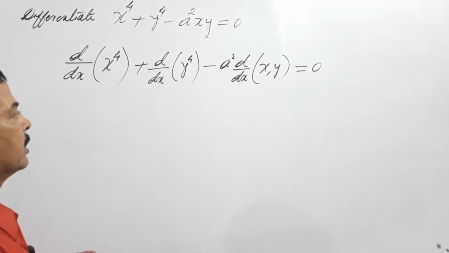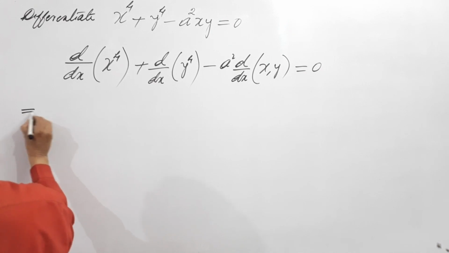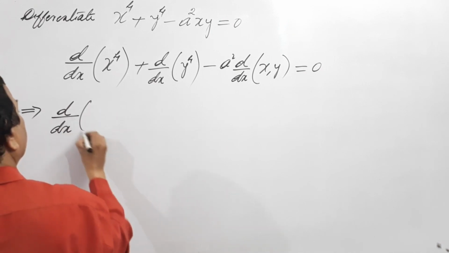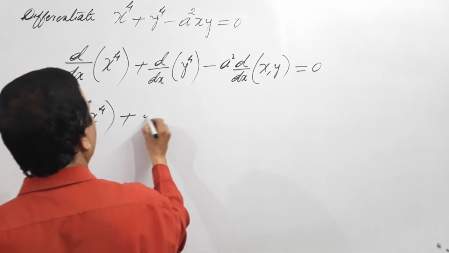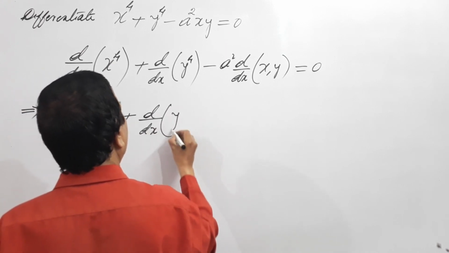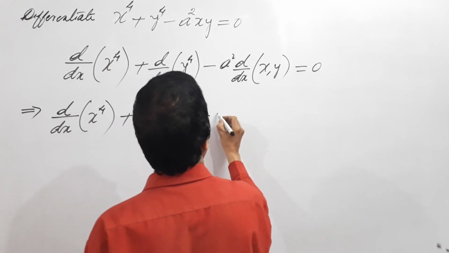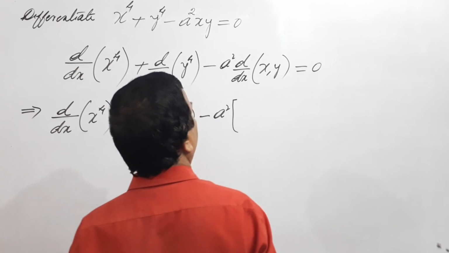So let's differentiate this. So what happens? This is equals to d by dx of x to the power of 4 plus d by dx of y to the power of 4 minus a square. I'll use a square bracket.